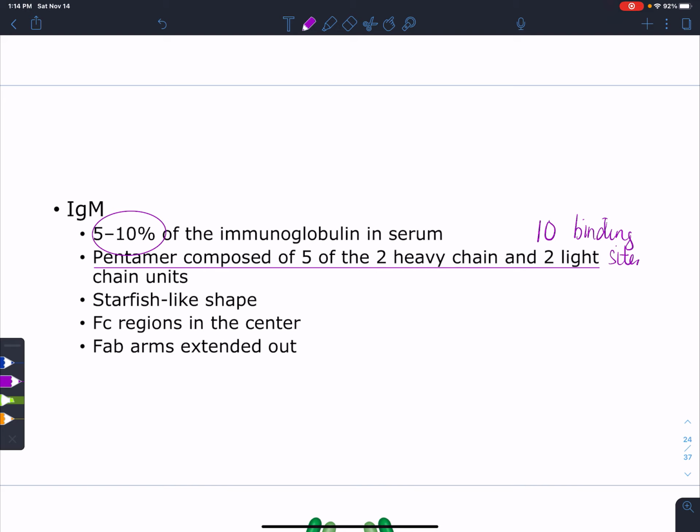This is actually when you are exposed to, let's just stick with coronavirus. IgM is the first antibody produced. And then that leads to IgG, which is more specific.